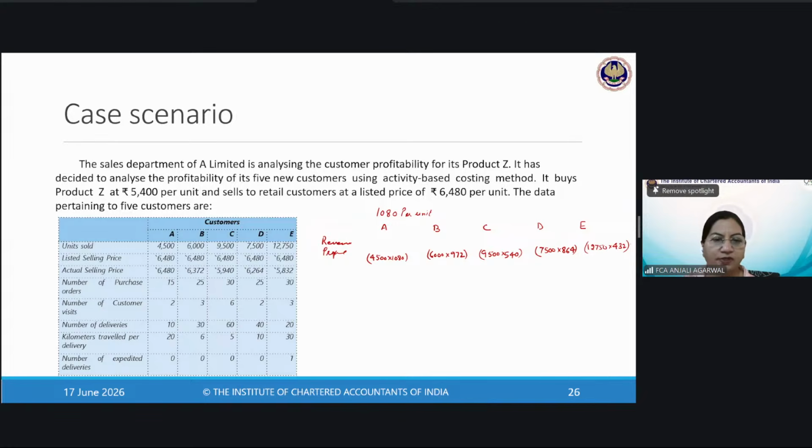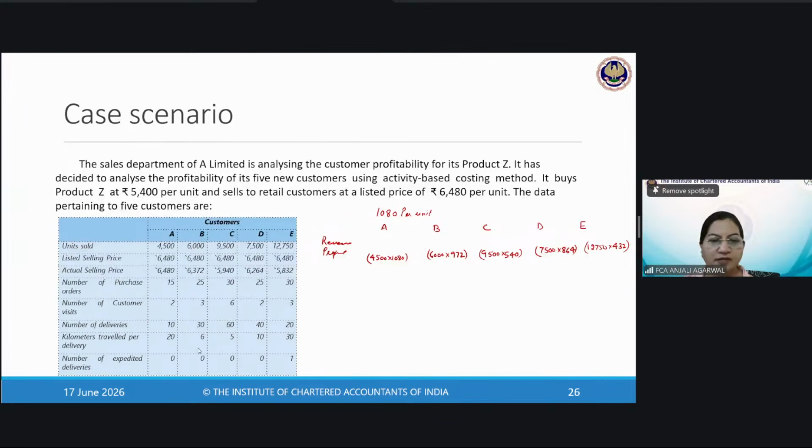Then you have number of purchase orders, 15, 25, 30, 25, 30. Number of customer visits you have to pay, 2, 3, 6, 2, 3. Number of deliveries, 10, 30, 60, 40, 20. Kilometers traveled per delivery.